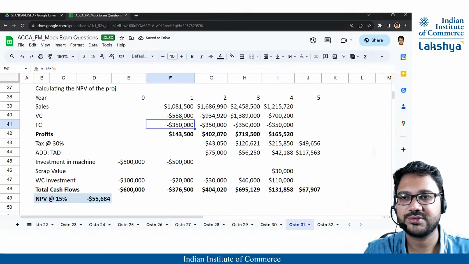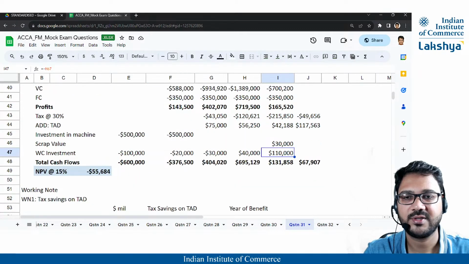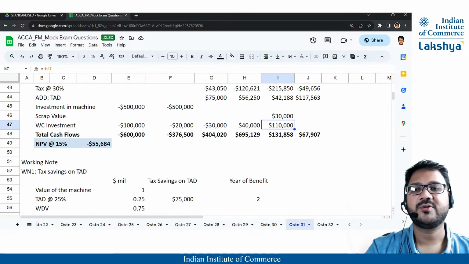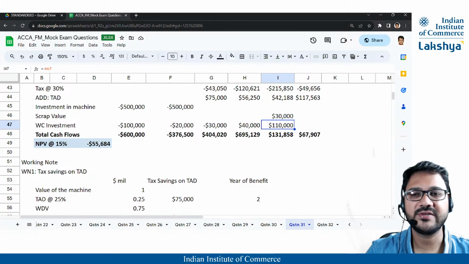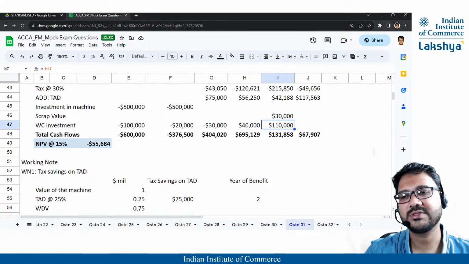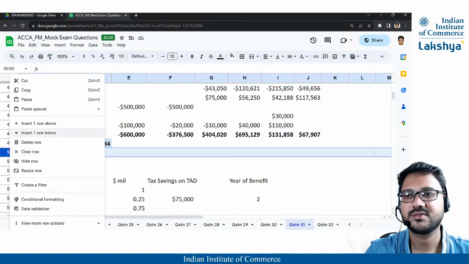Minus fixed costs, profits, taxes are negative. TAD is added, investment in machinery is outflows, scrap value is an inflow at the end, taken. Yeah. So NPV at 15% is a negative 55,684. Okay. So we will say that we won't go ahead with the project.